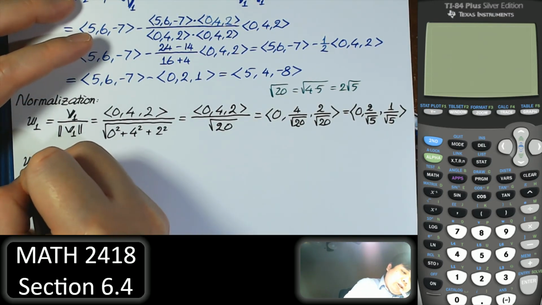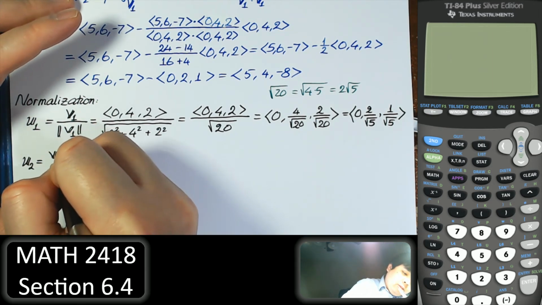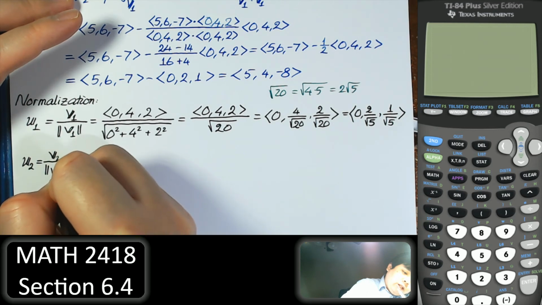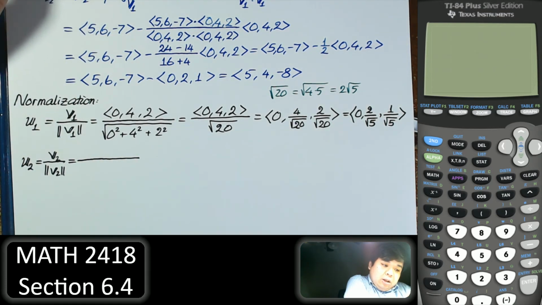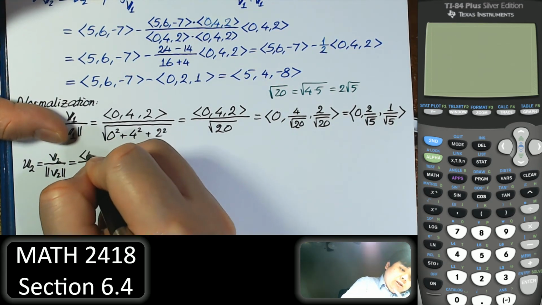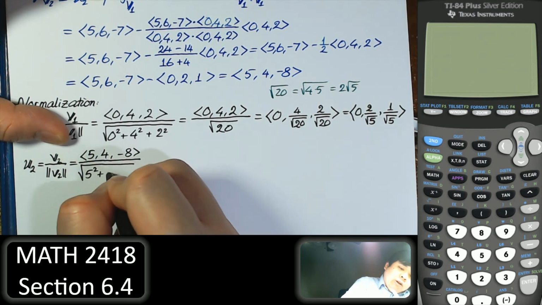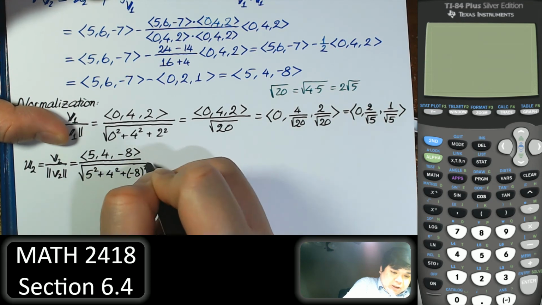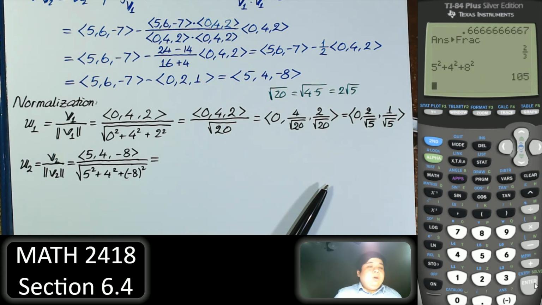Right, U2 is V2 over the norm of V2. So V2 is that vector, and we have 5 squared, 4 squared, and negative 8 squared, which is 105.